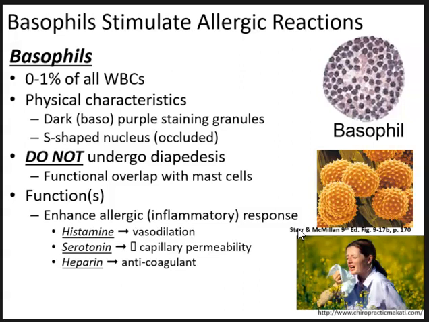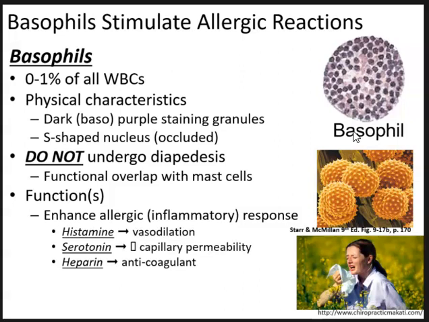You won't be able to see it, but basophils also have an S-shaped or bilobe nucleus, and it is occluded, meaning you can't really see it behind the dark staining purple granules within the cytoplasm. Now, basophils are unique in that they do not undergo diapedesis. They don't undergo diapedesis because they are functionally similar to mast cells.